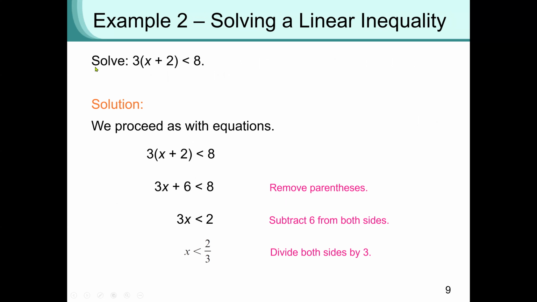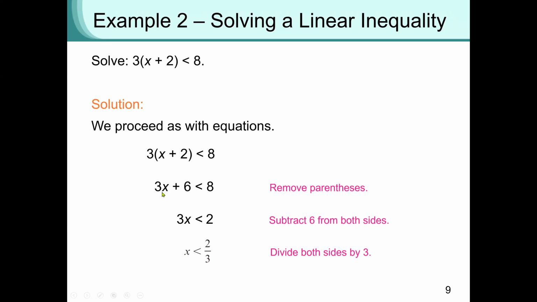So now let's see our first example. Here we are solving 3(x + 2) < 8. Again, we know parentheses means multiplication. So the first thing we can do is open the parentheses.